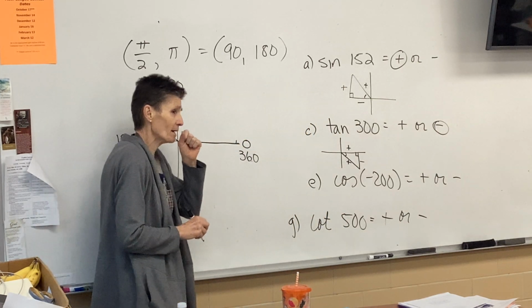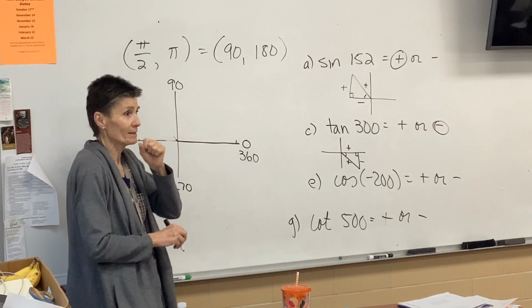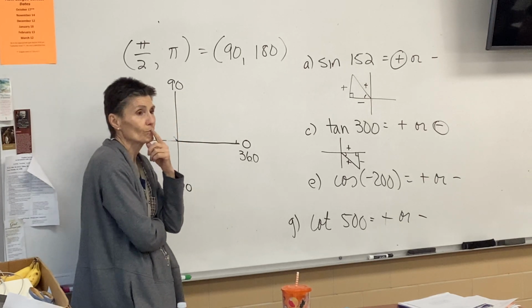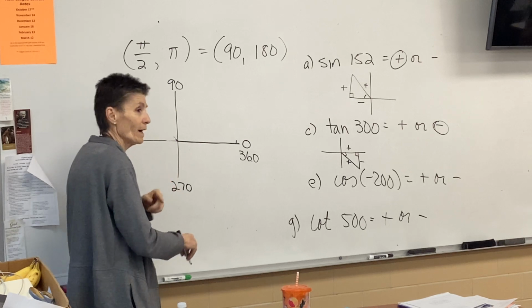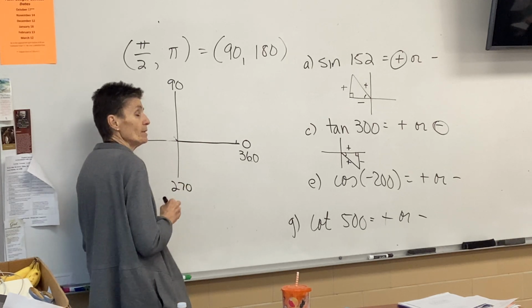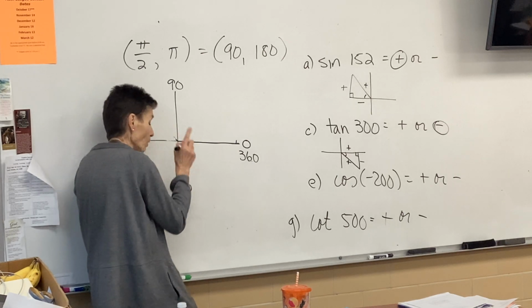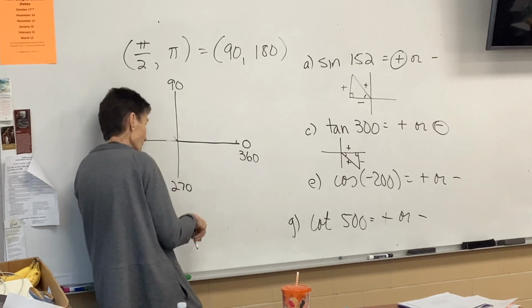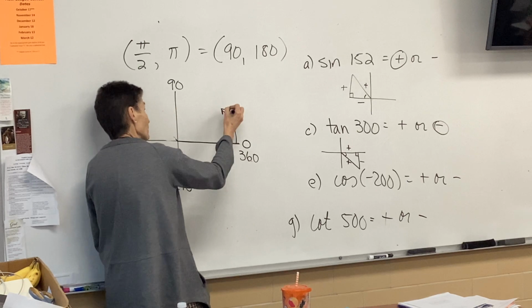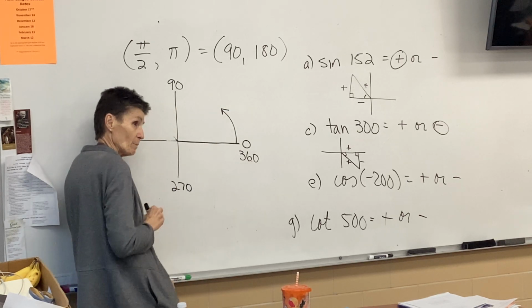Now, what in the heck did you do with negative 200? You went the other way. Negative rotation is just rotation in the opposite direction. So normal, regular rotation is up and around this way. That's the way we go.